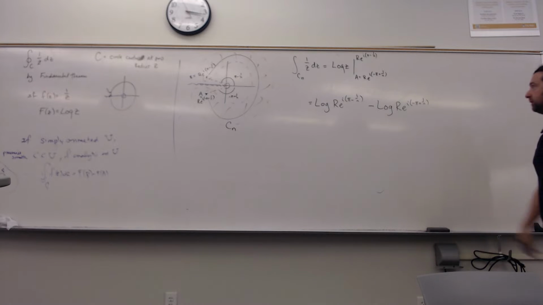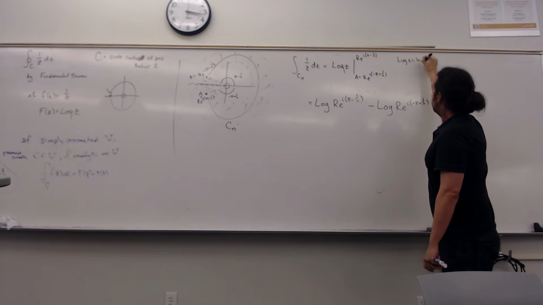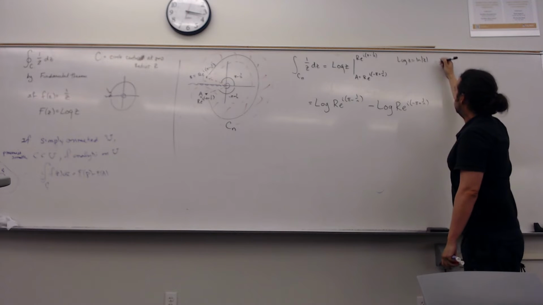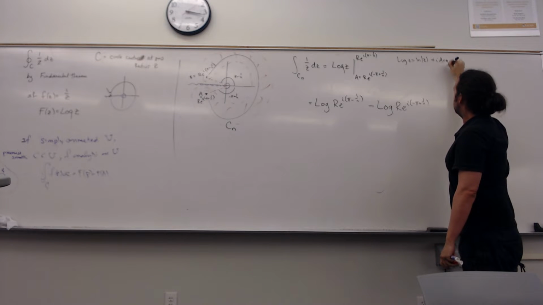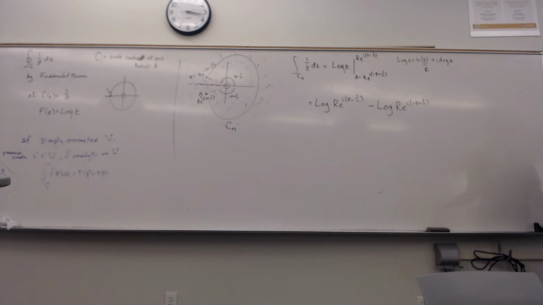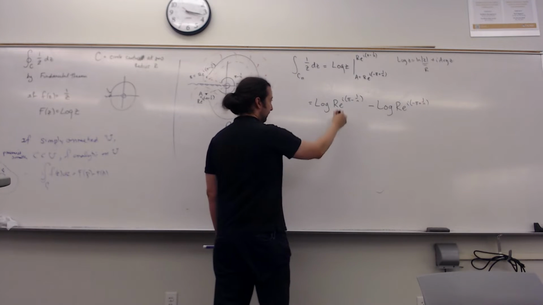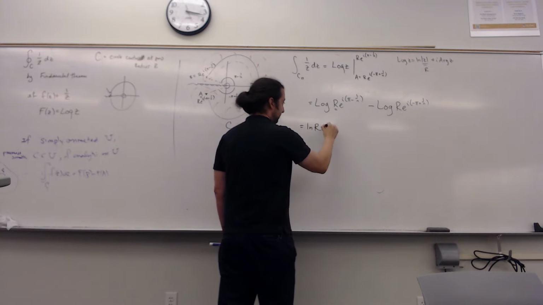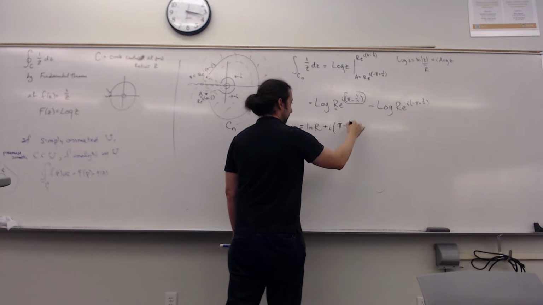If I want to continue evaluating this, I have to remember that log of z is equal to the natural log of the length of z plus i times the argument of z. But this is just r, the radius in the polar representation. So the log of r e to the i (pi minus 1 over n) is the natural log of r plus i times the argument of that number, which is pi minus 1 over n.